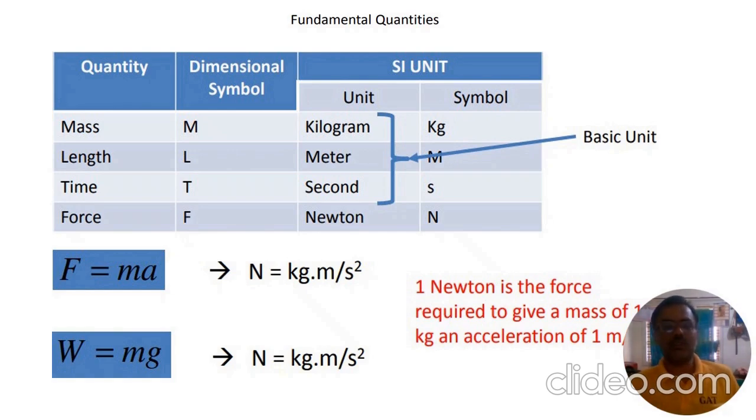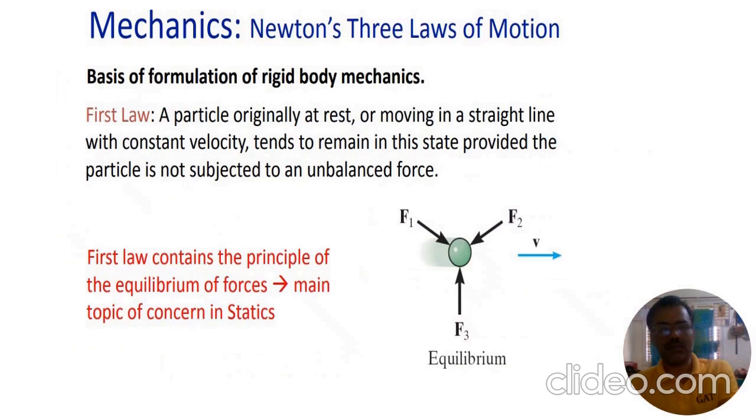Okay, Newton is the force required to give a mass of 1 kg an acceleration of 1 meter per second square. It's a fundamental unit of force, and weight is also depicted in terms of newtons, which is a kind of force which acts vertically downwards on planet Earth or any other planet, where g is the acceleration due to gravity.